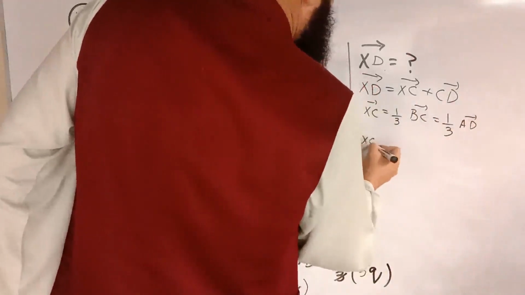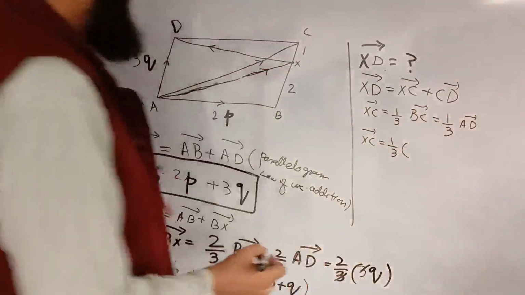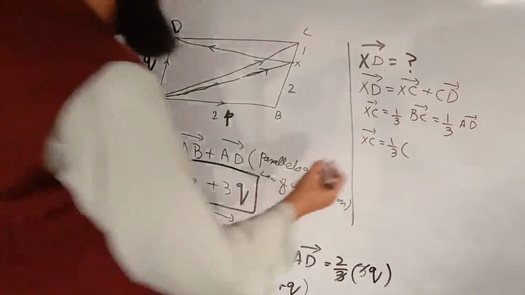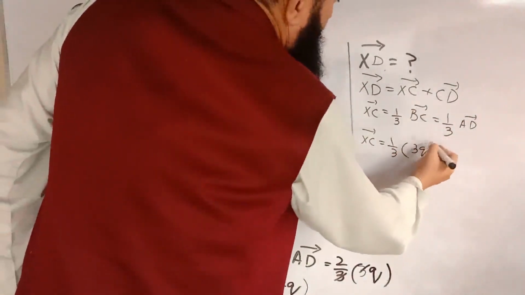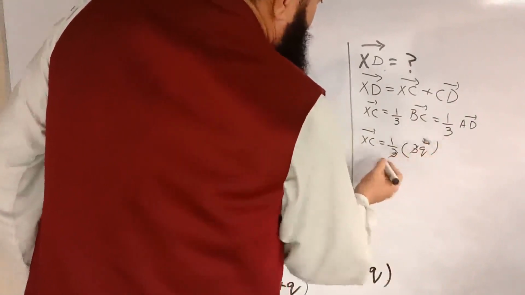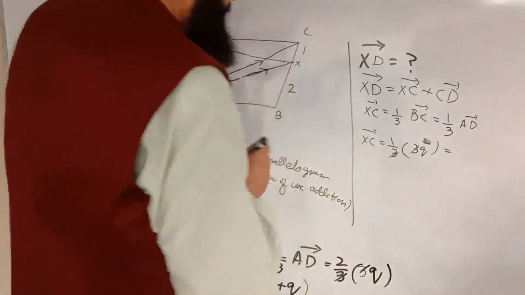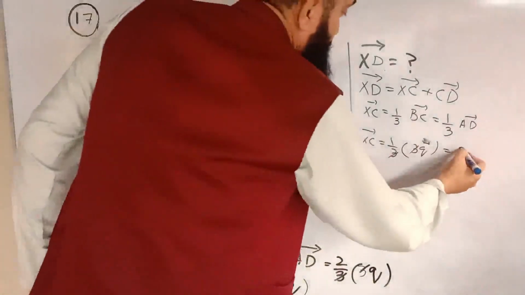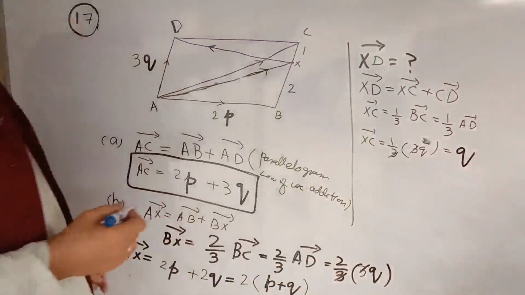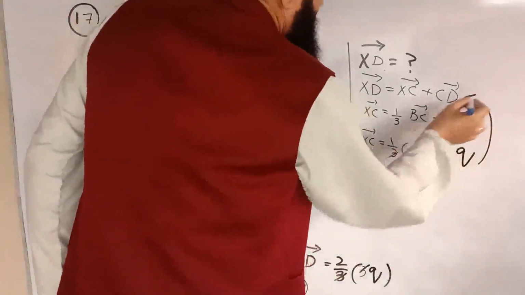So XC is equal to 1/3 of AD, which is 3Q. Okay, 3 cancels. So XC is equal to only Q.